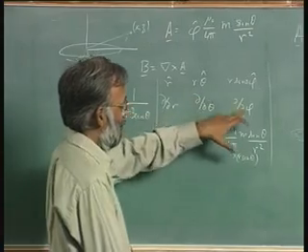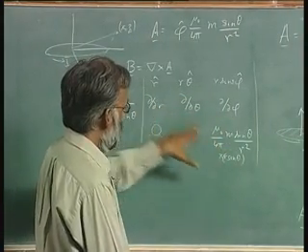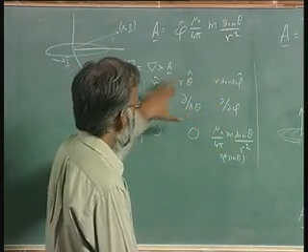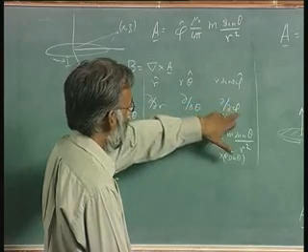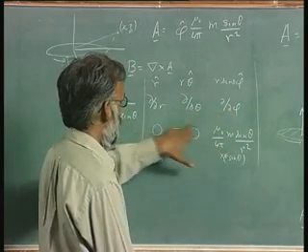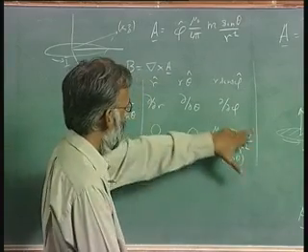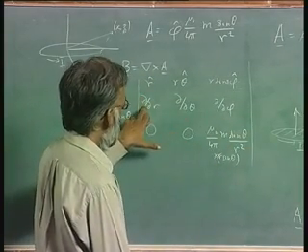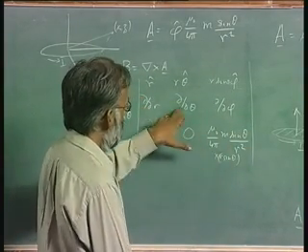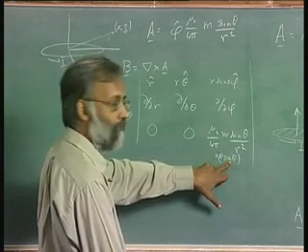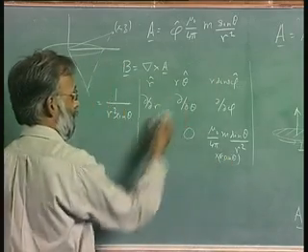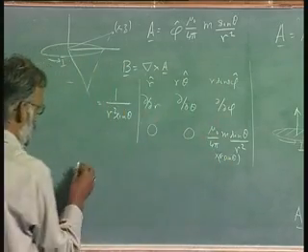Now it has to be seen that I cannot have any derivative of phi because there is nothing here. The only term that is present is A phi. So I get derivatives with respect to r and derivatives with respect to theta. So it's straightforward to write down what the curl is.